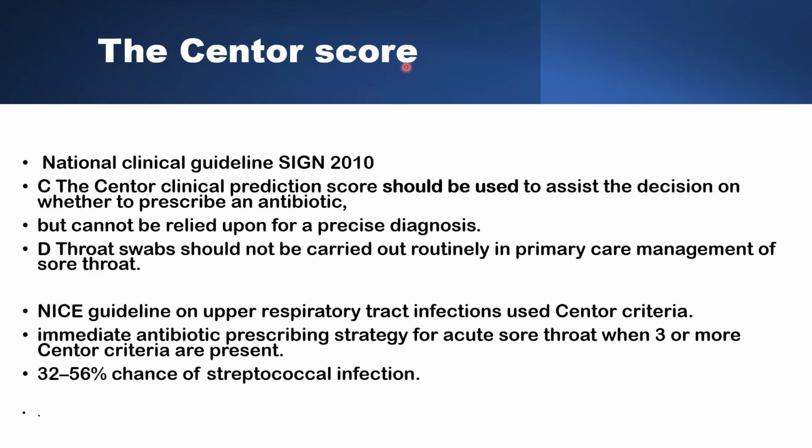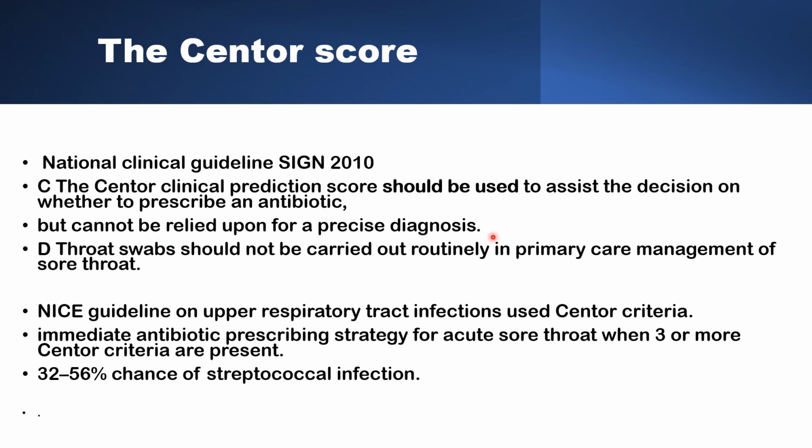The Centor score is simple and rapid and has been endorsed by the National Clinical Guidelines, the SIGN 2010, which gave a recommendation that the Centor Clinical Prediction Score should be used to assist the decision on whether to prescribe an antibiotic or not, but cannot be relied upon for a precise diagnosis.